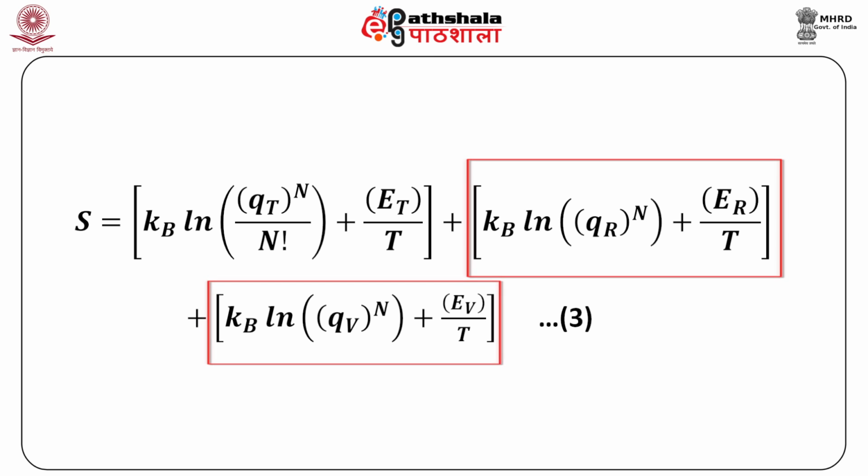The next two terms in the parenthesis give us the rotational contribution to entropy, and these we calculated in our last module. The next two terms are the vibrational contribution to entropy, which we will calculate in this module today.